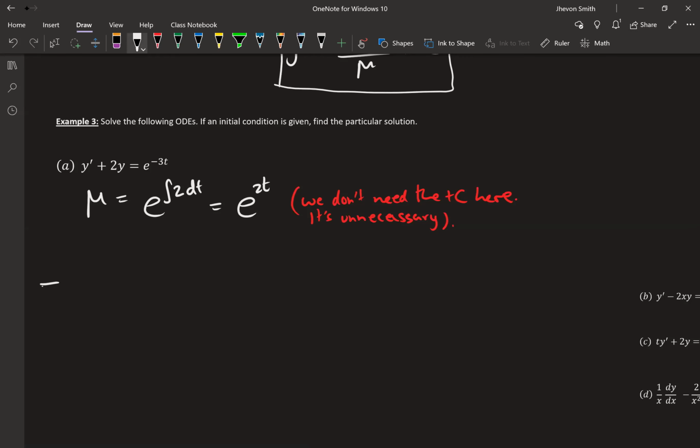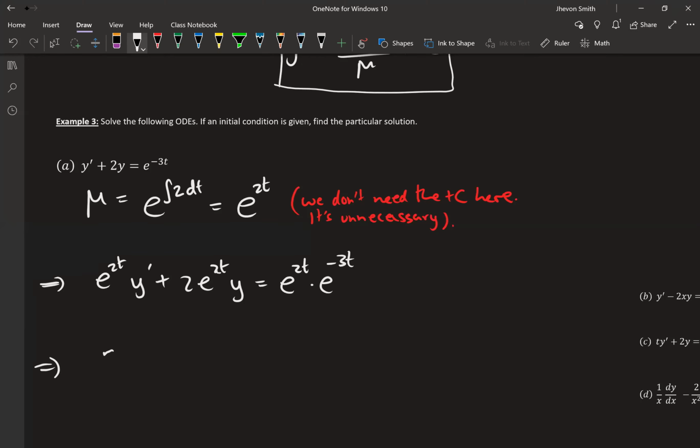What this means is I'm going to multiply through by e to the 2t. And it turns out that the left side will become the product rule.